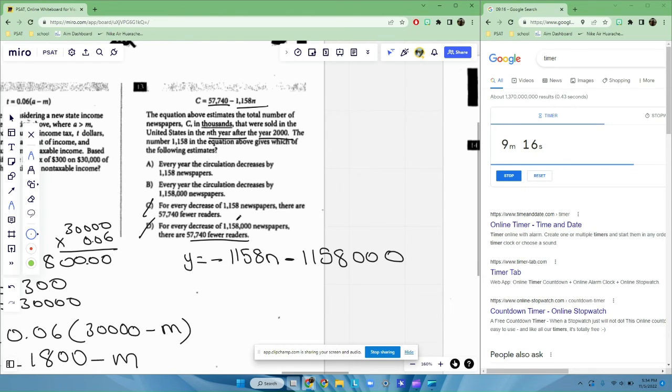Same thing with C. Our number is doubled, so we know C and D are eliminated. Our answer option is going to be B because every year the circulation decreases by 1,158,000 newspapers. So in 2001 and so on, it will keep decreasing over and over again.